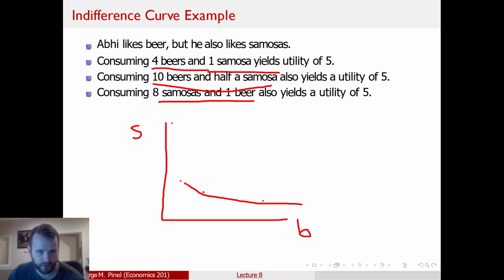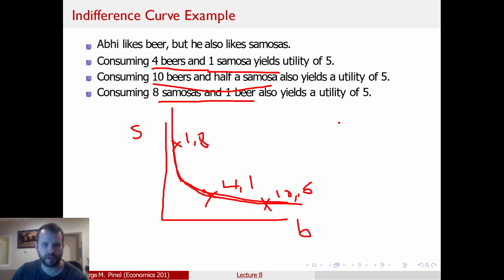I don't know how to plot them to scale, but you can connect them. All 3 of these points yield the utility of 5. So they're all on the same indifference curve. They all yield the same utility.